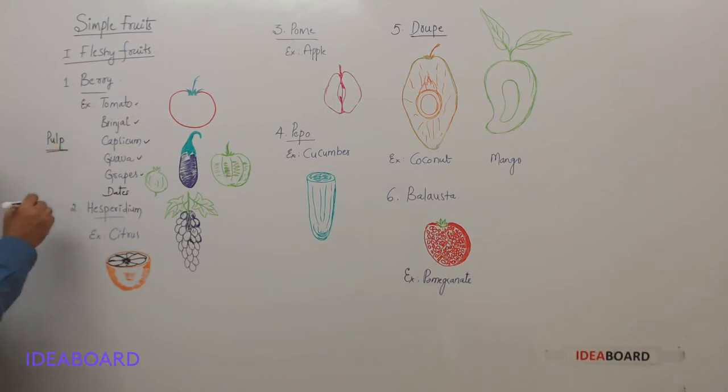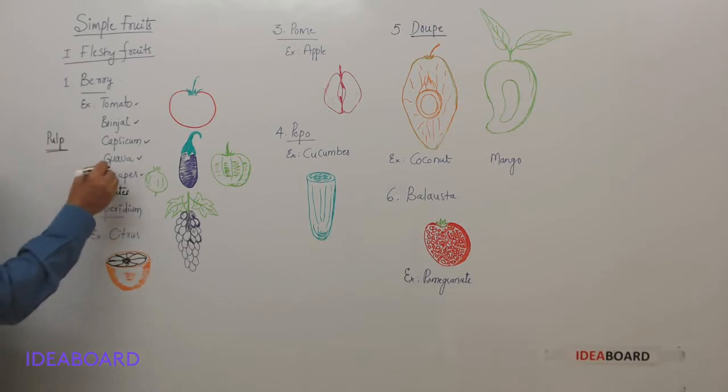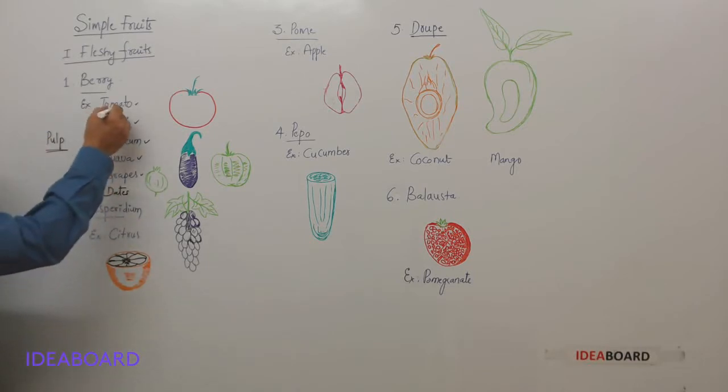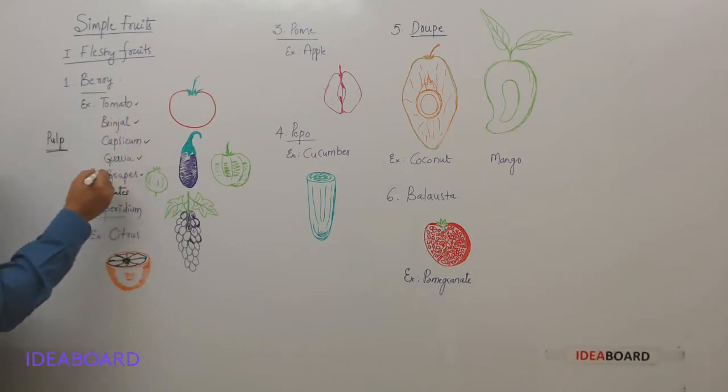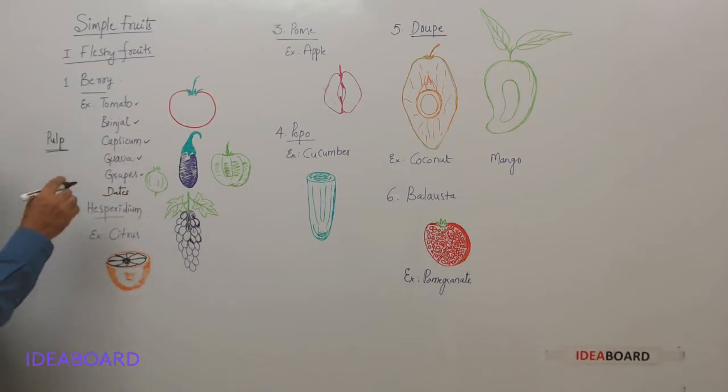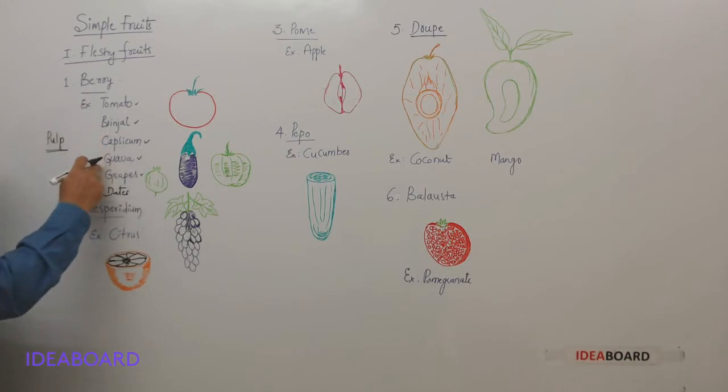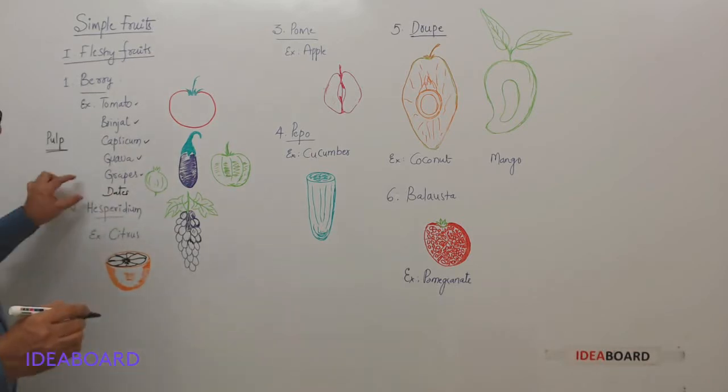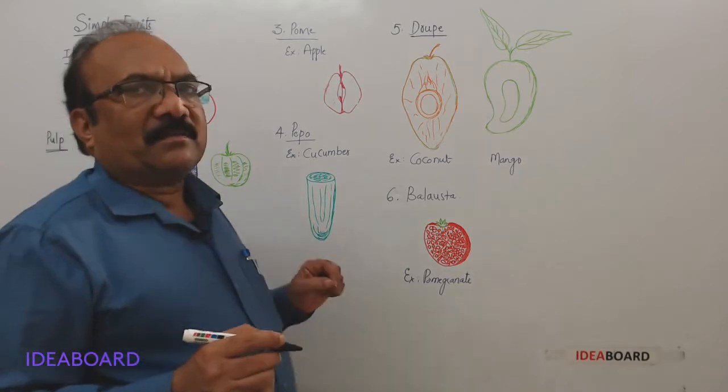Tomato, brinjal, capsicum, guava, and seed bearing grapes have many seeds, so these are multi-seeded berries. Whereas in date there is a single seed, so the single seeded berry example is dates.